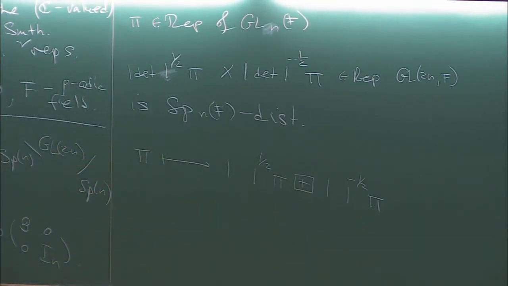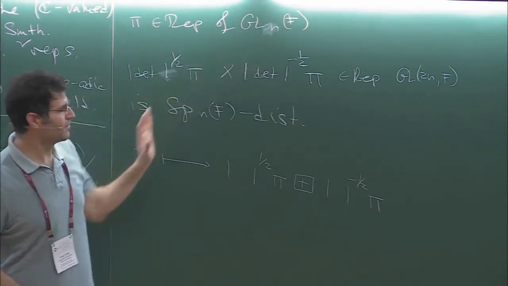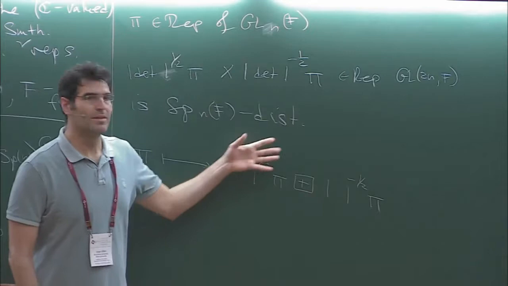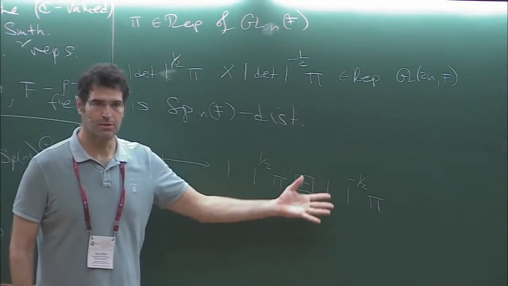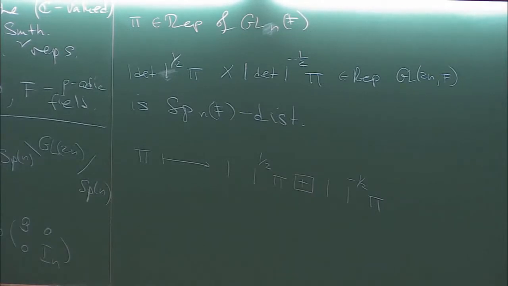And at least as far as tempered spectrum goes, this should capture the whole picture. Tempered representations of GLN(F) lift to tempered representations of the symmetric space, and it should be all tempered distinguished representations.